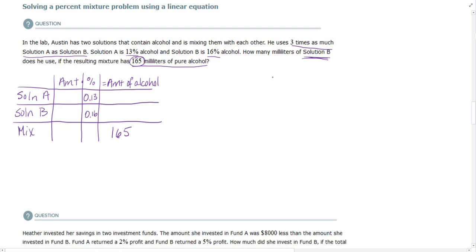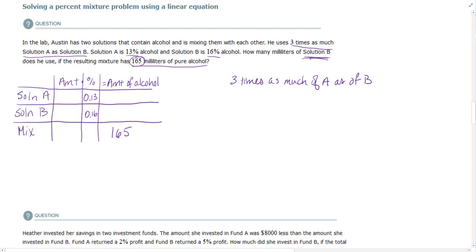Okay, the only thing I haven't used from this problem is this 3 times as much. 3 times as much of A as B. And when they say it that way, it always throws me off. So 3 times as much of A as of B. So that means there's going to be more of the solution A, right?